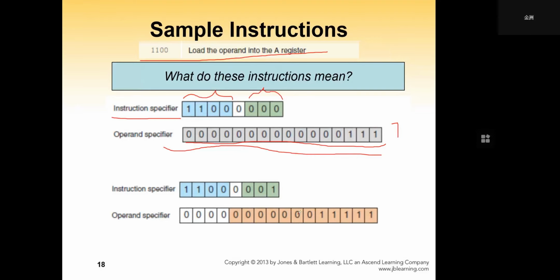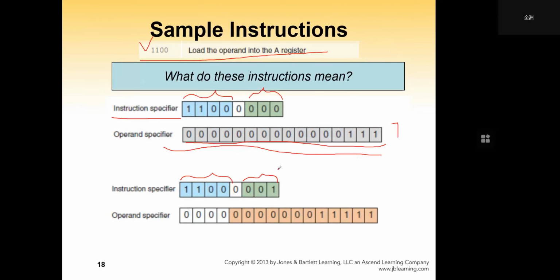Okay, the following one. First, we check the operation code in the instruction specifier. The first 4 bits are also this instruction, so it also needs to load some operand into the A register, but the addressing mode changes to direct addressing mode.